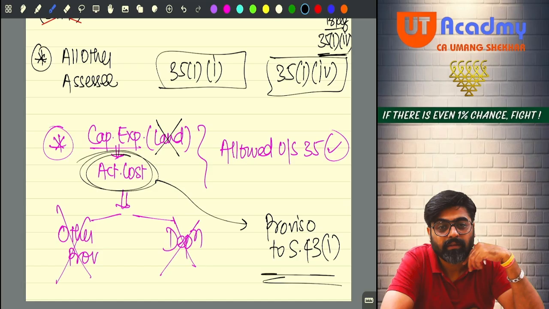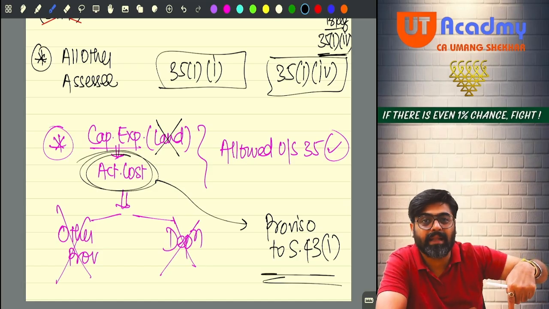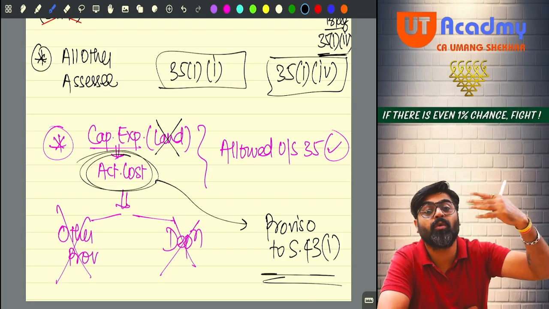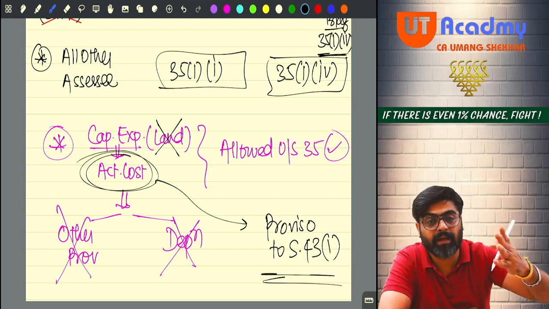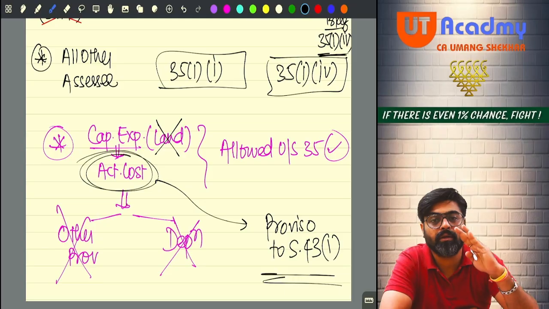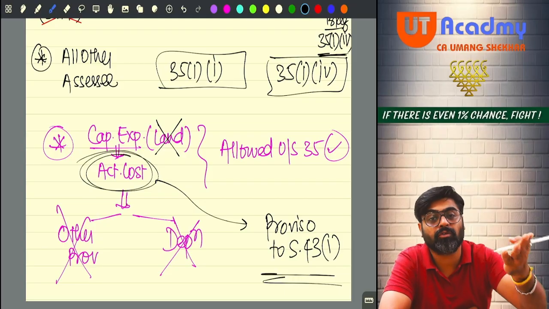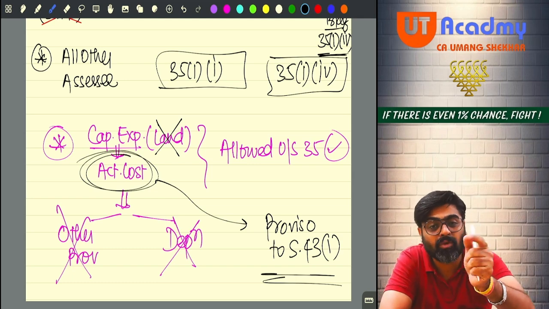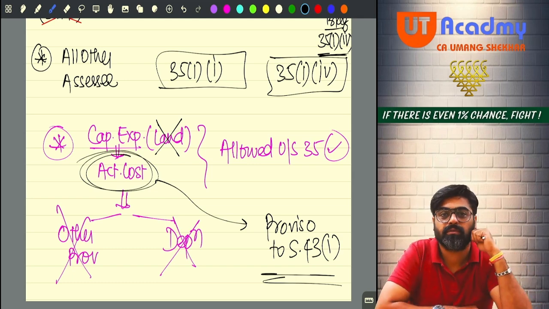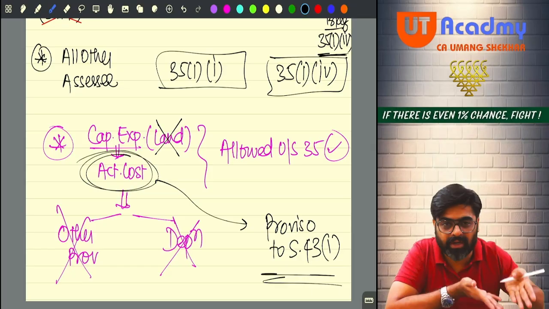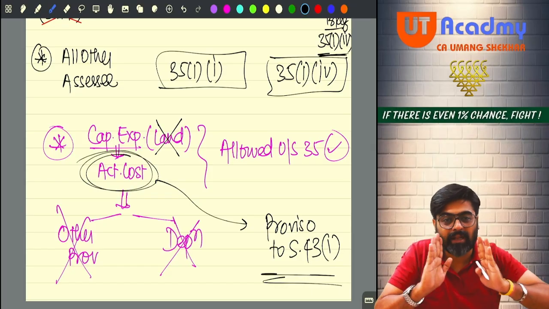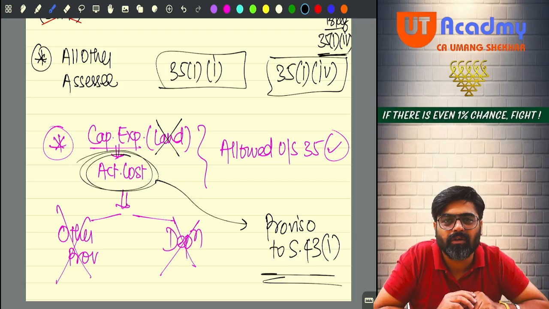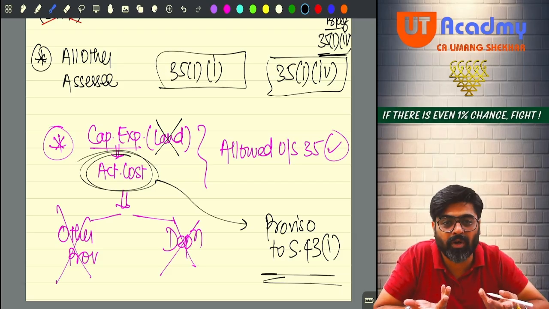Then this proviso gets applicable, and that proviso says that such amount of actual cost will not be treated as actual cost. And if that amount is not treated as actual cost, can you claim that amount under section 35? The answer is no, because that amount is no more your actual cost.